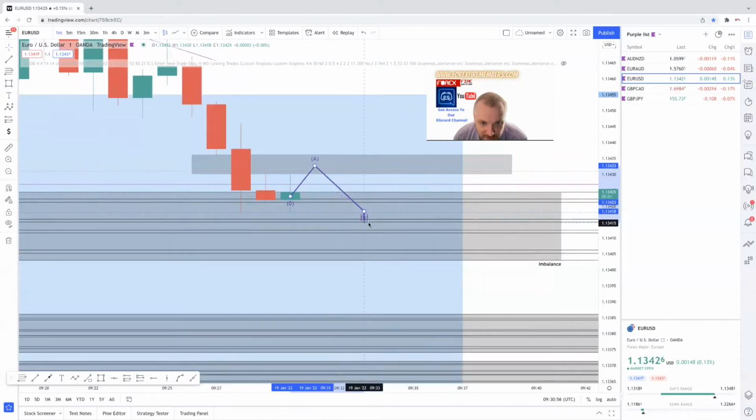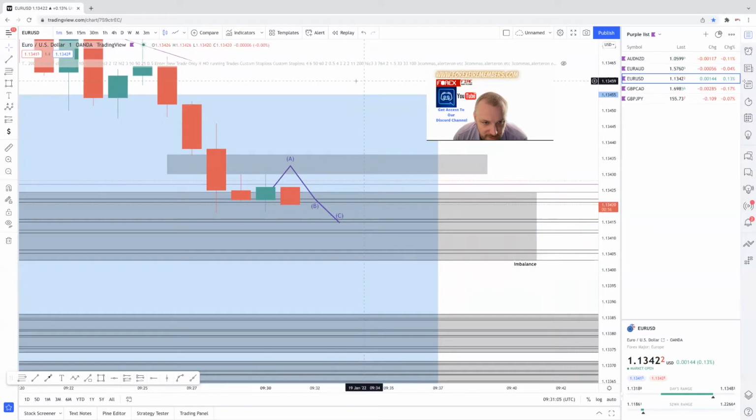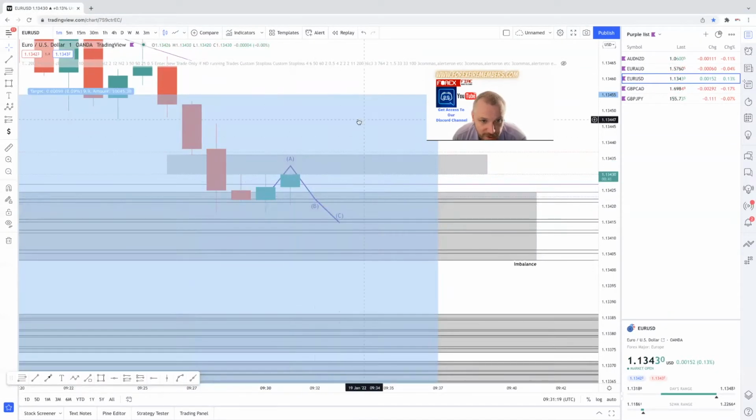Let's have a look to come further. See what happens with this. Or is it just going to want to push straight down? See, now we've had more or less 4 minutes, because each candle's a minute in this instance. Remember, 1, 2, 3, 4 minutes of price.